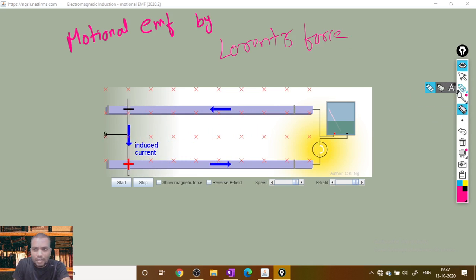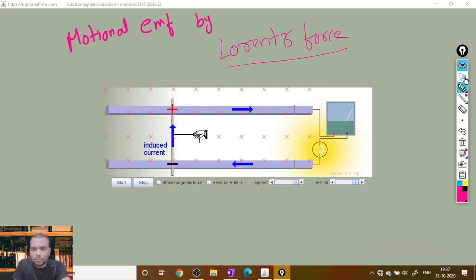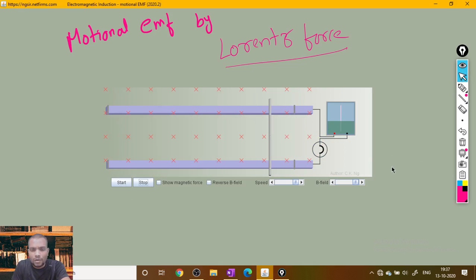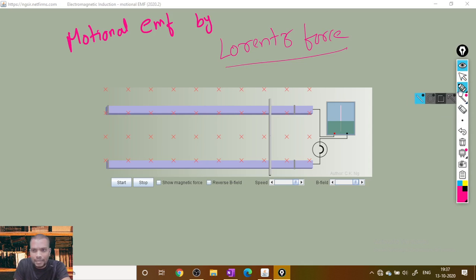First of all, recall what Lorentz force is. When a charge moves, it's very important, not the conductor, the main thing is that a charge moves. For a moment you can take an electron.